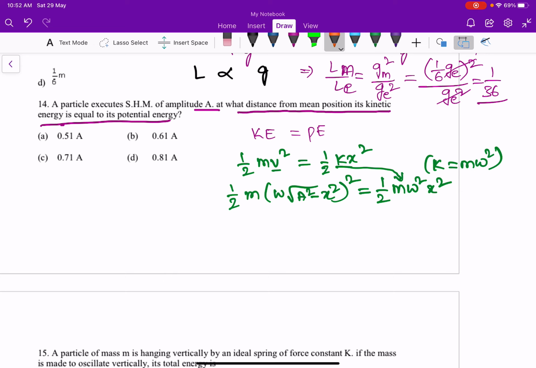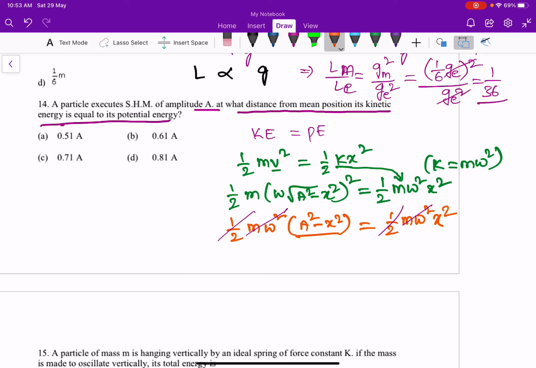So here we will get half m omega square into a square minus x square is equal to half m omega square x square. Half and half get cancelled, m omega square gets cancelled.